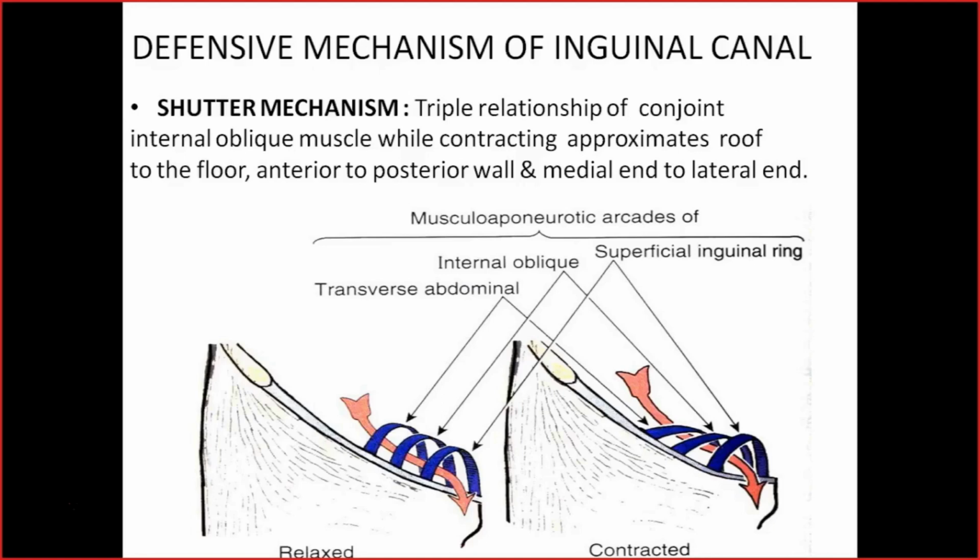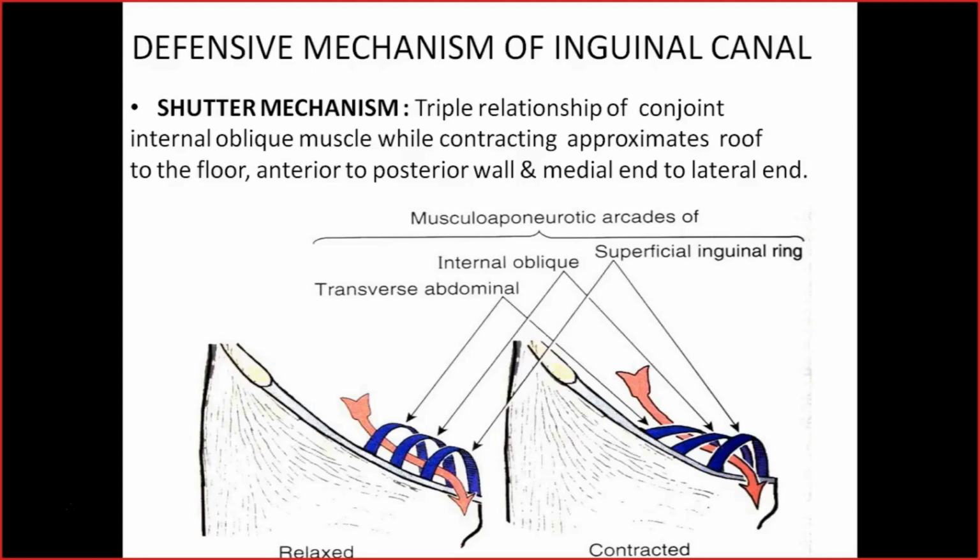In the anterior wall we have seen internal oblique muscle fibers, and the roof is formed by the conjoint tendon. The posterior wall also has some fibers of conjoint tendon contributing. By the triple relation of this muscle and their tendon, it gives a shutter mechanism.